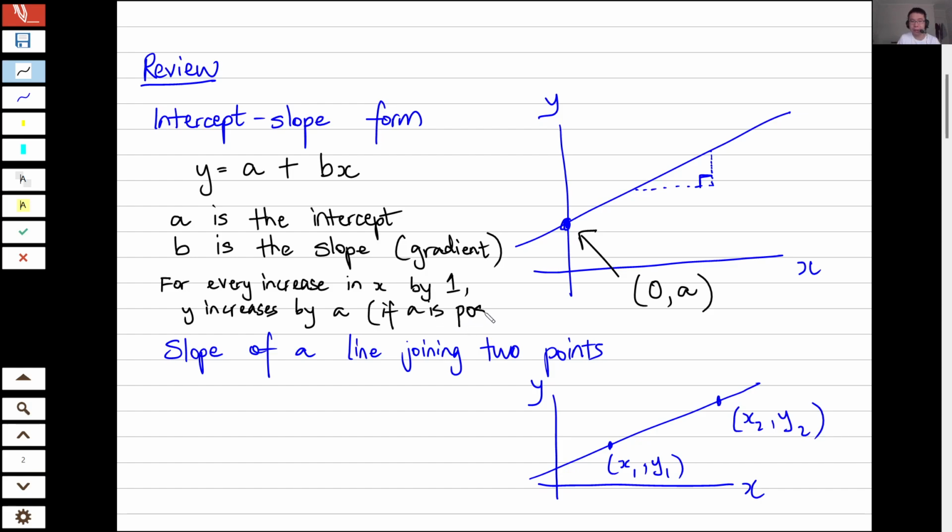If b is negative, then y is going to decrease. And so if we go back to the picture, every time x goes up by 1, y will go up by b. Another way of saying this is, if I have any 2 points, and I measure the ratio of the rise, which is the change in y, to the run, the change in x, that fraction is going to be b.